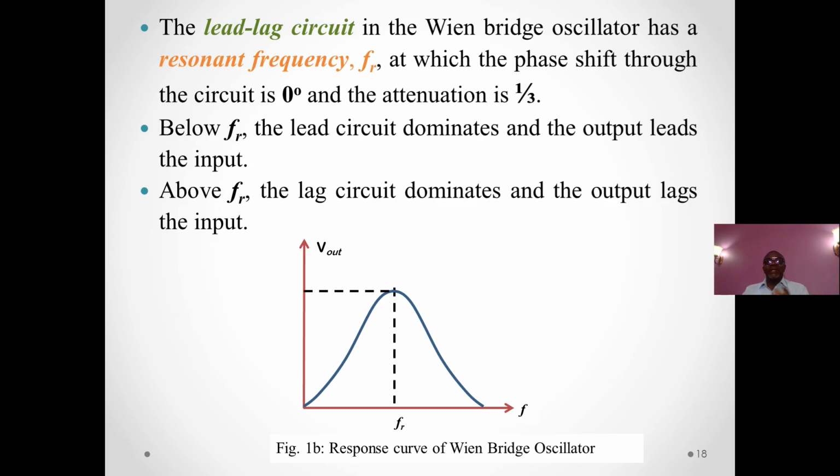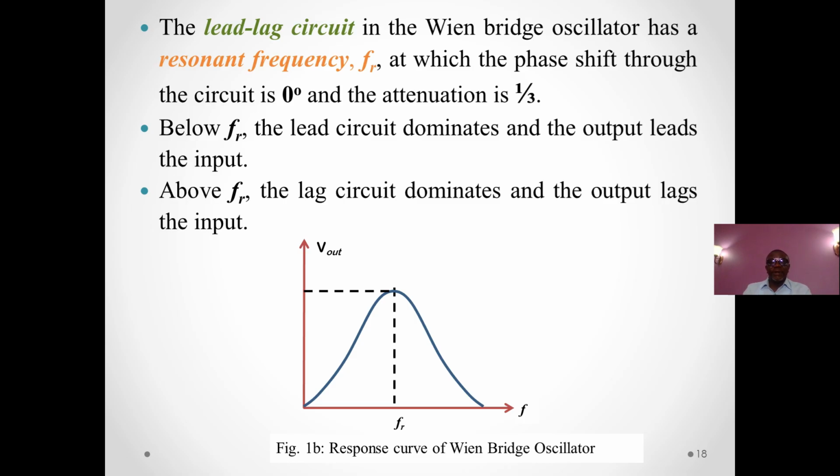So the lead lag circuit in the Wien bridge oscillator has a resonant frequency of this, at which the phase shift occurs, and at that point an attenuation of 1/3, as we have seen.